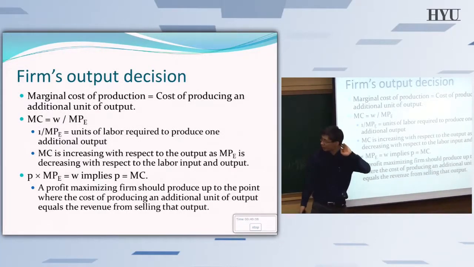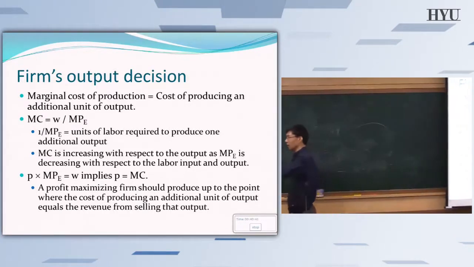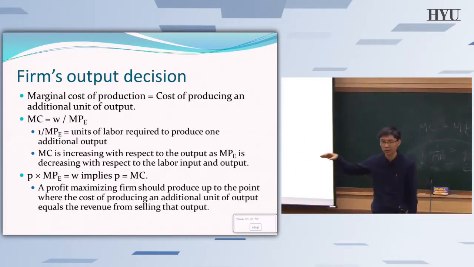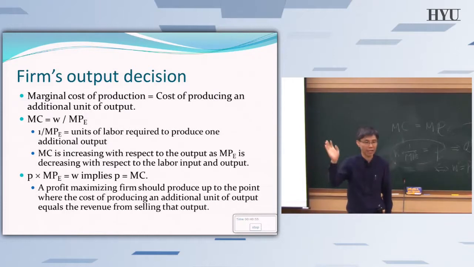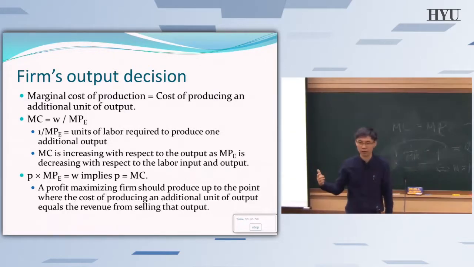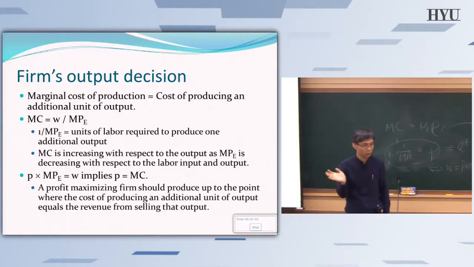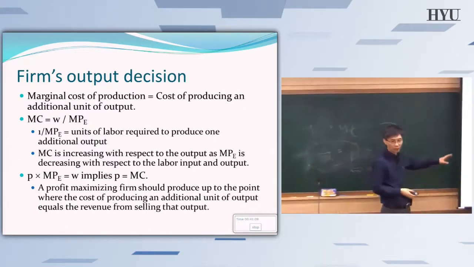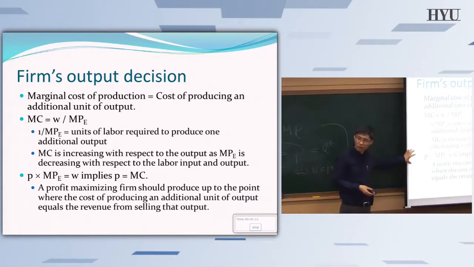Sometimes it's convenient to think of labor demand directly, or sometimes to think of the output decision first and then labor demand as a subsidiary decision to the output decision. We will think both ways, so that's why we are talking about the output decision.